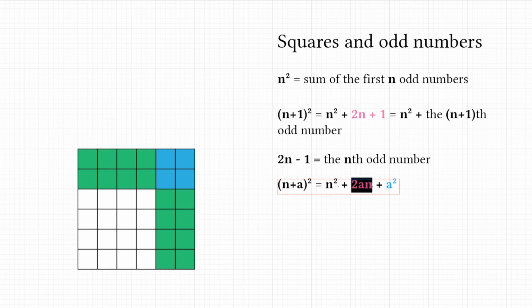So 2an plus a squared, the corner gap. It's a squared because it's formed by the widths of the rectangles.